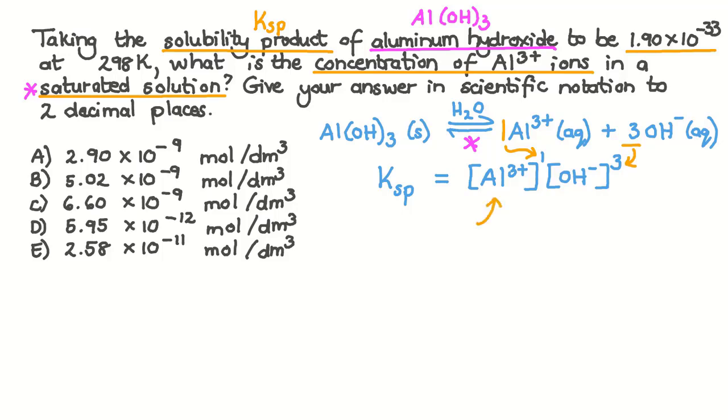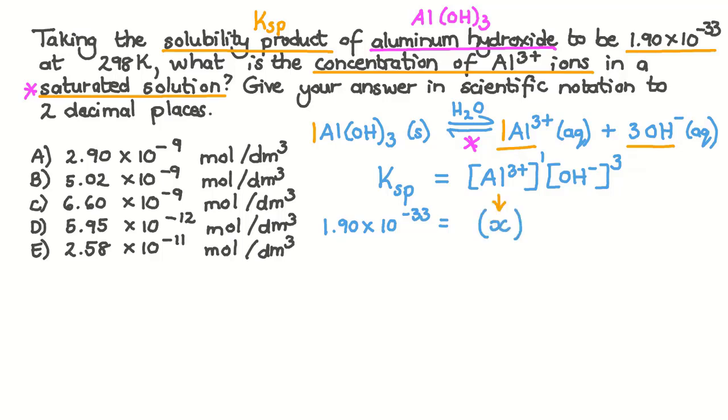Now we are looking for the concentration of the Al3+ ion, so putting in some data that we know, specifically the KSP value of 1.90 times 10 to the negative 33, and by the way, in this example we are not given the units of KSP, though KSP does have units. And knowing that according to the balanced equation, for every 1 mole of the solid ionic substance, 1 mole of aluminum ions is formed and 3 moles of hydroxide ions.